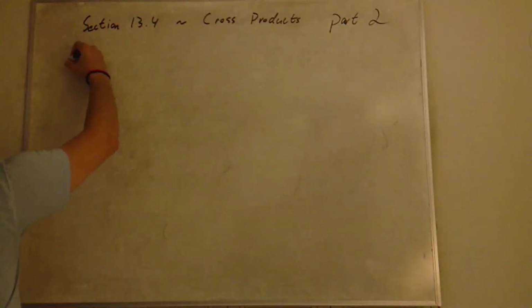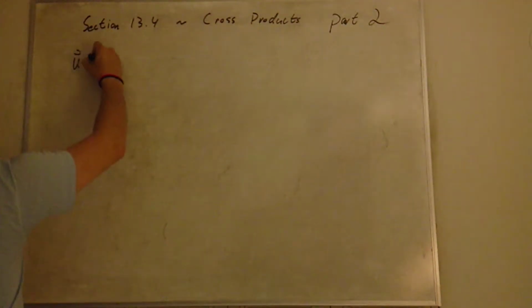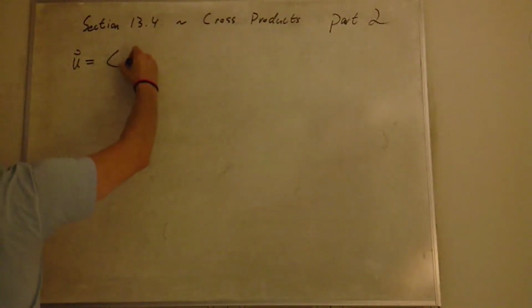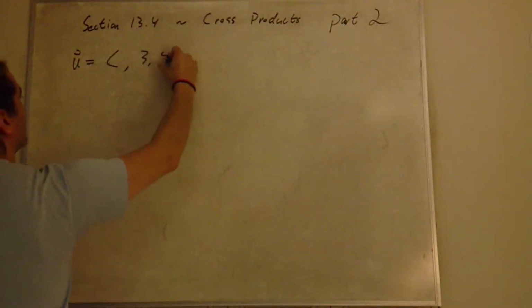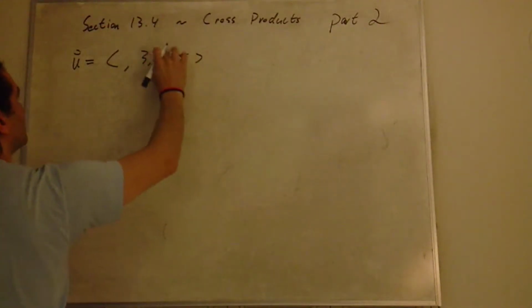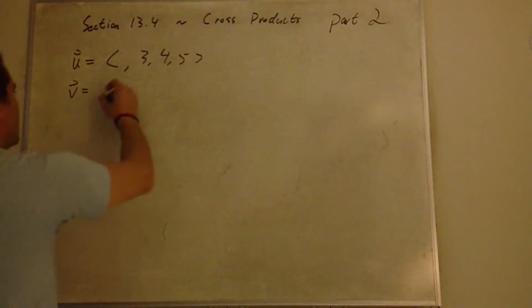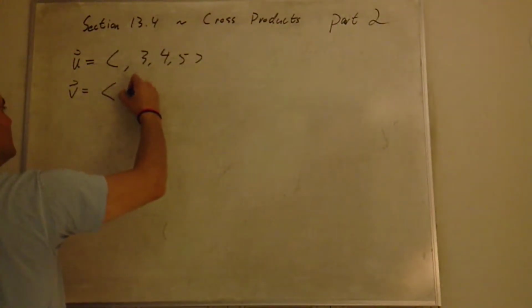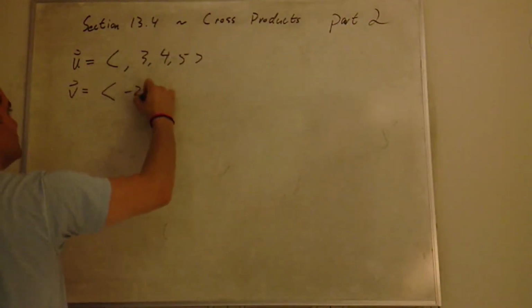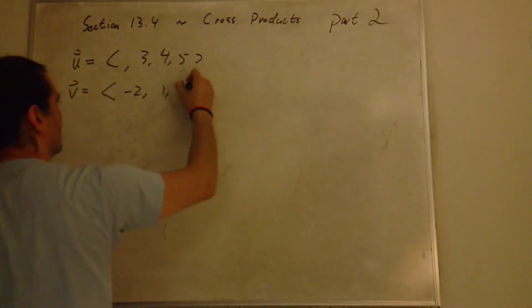Let's do U is 3, 4, 5. And let's do V as negative 2, 1, and 1.